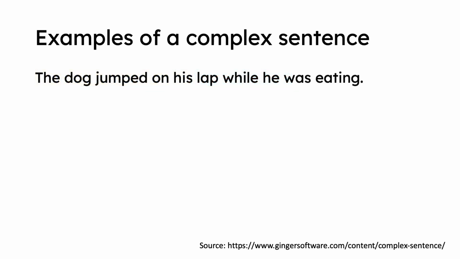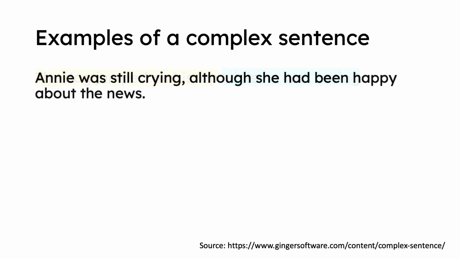The dog jumped on his lap while he was eating. Independent clause? The dog jumped on his lap. Dependent clause? While he was eating. Annie was still crying, although she had been happy about the news. Independent clause? Annie was still crying. Dependent clause? Although she had been happy about the news.